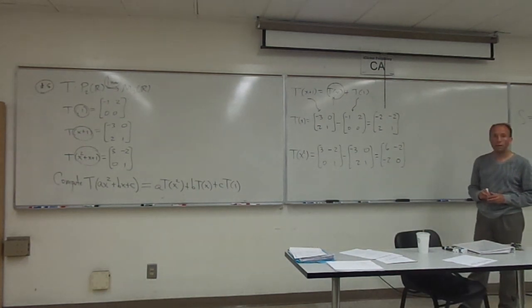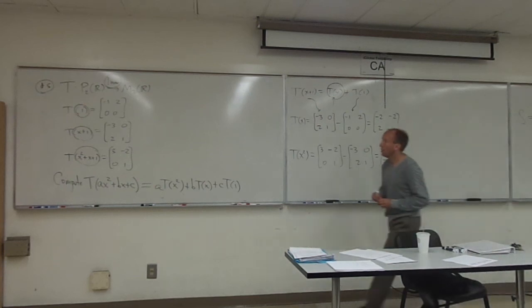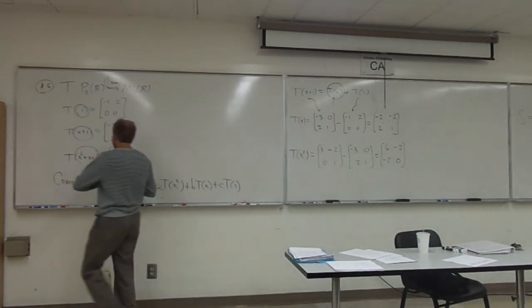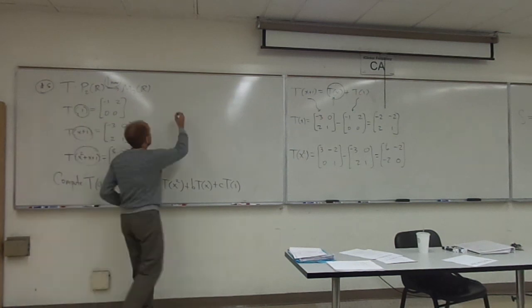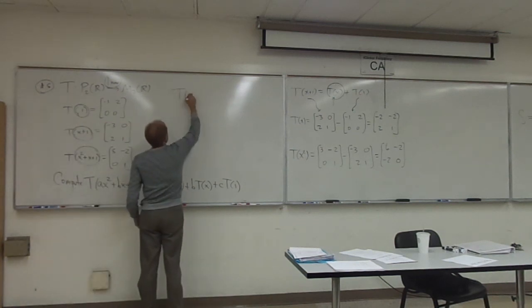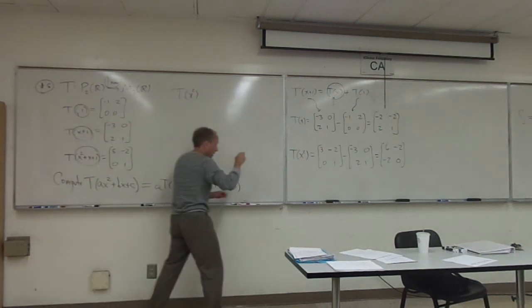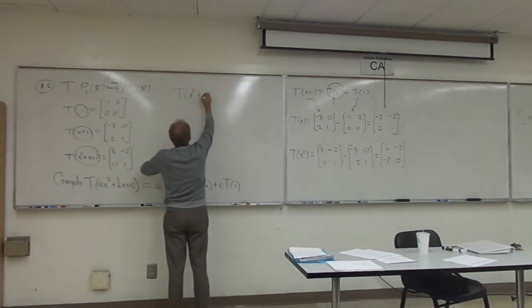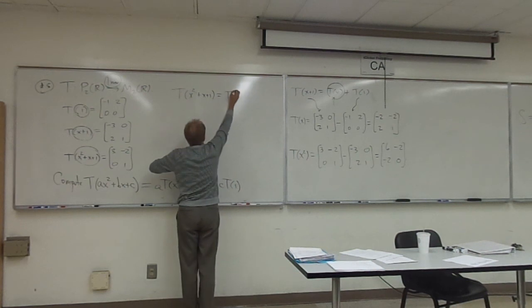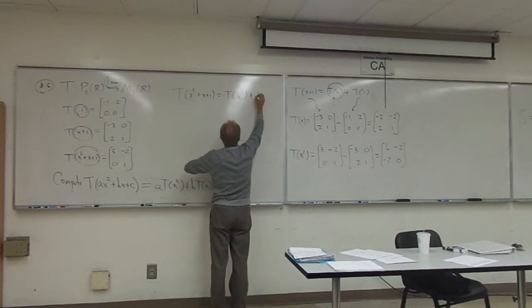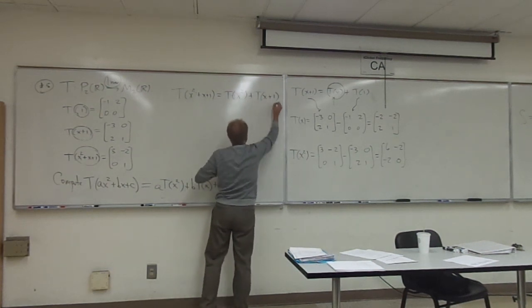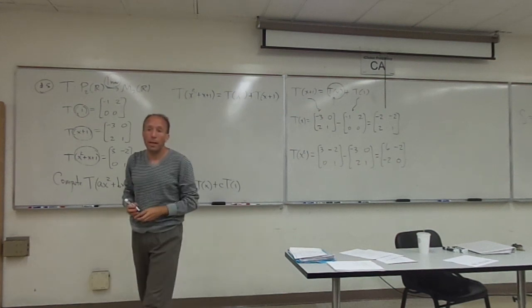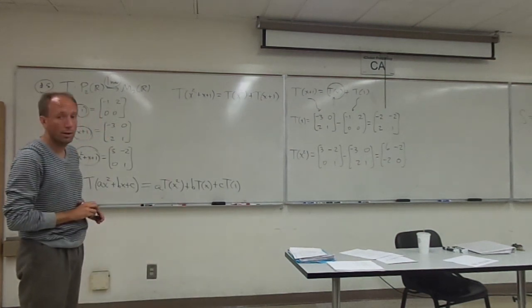Okay. Can you say that again? How do you get T of x squared? T of x squared plus x plus 1 is just, if I use the fact that T respects addition, that equation is true.